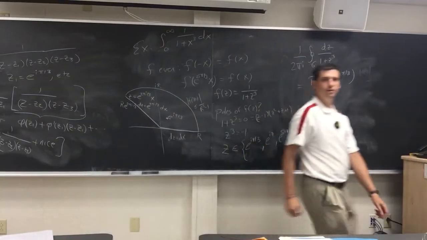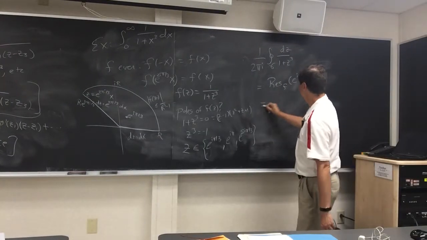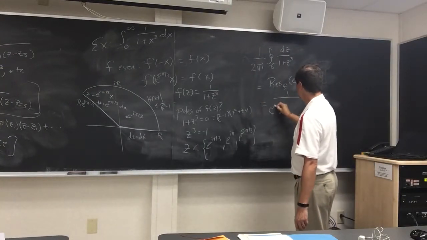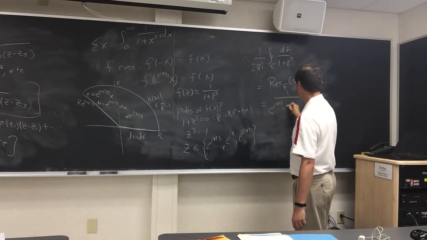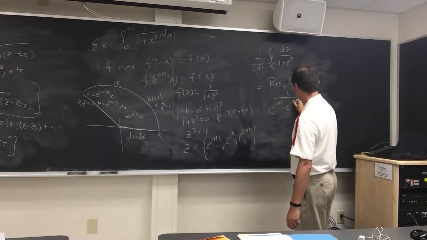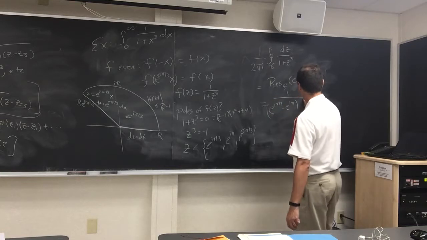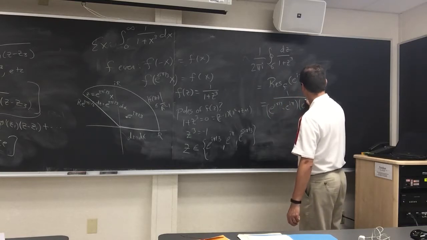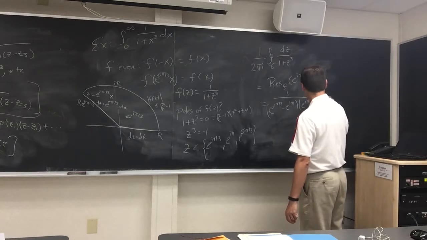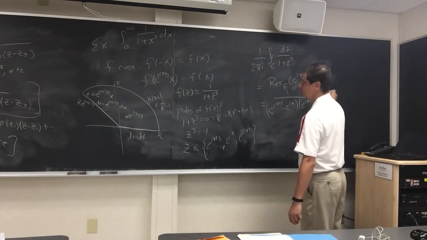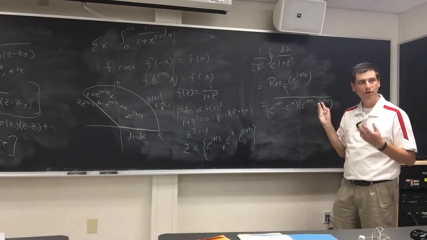So we'll come back over here. And so we get 1 over e to the i pi over 3 minus e to the i pi, and then e to the i pi over 3 minus e to the 5 i pi over 3. Okay? So we've now calculated the residue.